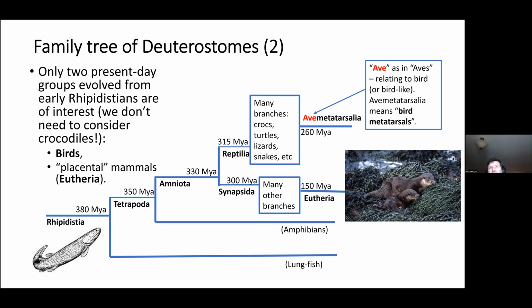Birds have a particular structure of those, particularly in their feet, which evolved even before the time of the dinosaurs. And birds essentially did evolve from dinosaurs themselves. The other branch leads to the mammals, basically the eutheria, the modern mammals, which includes otters, ourselves, seals, etc., in the coastal area.